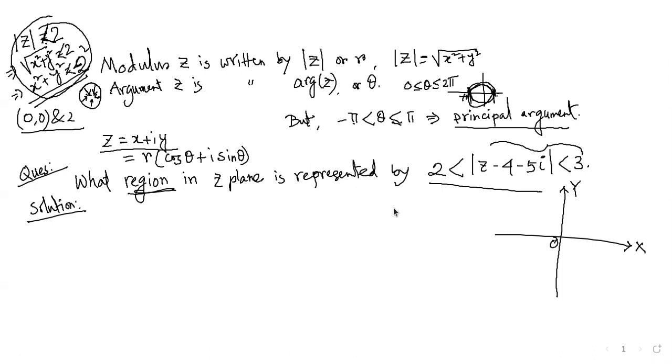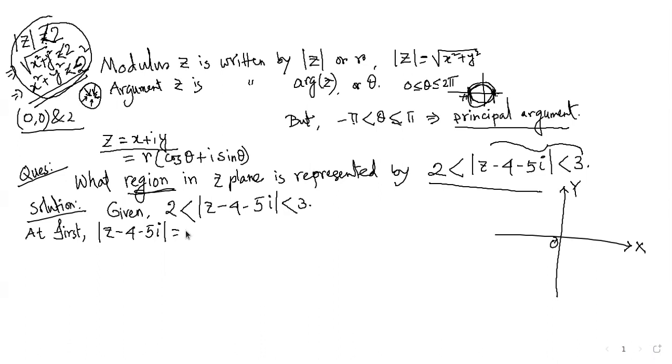In this case we can write the given equation 2 less than |z minus 4 minus 5i| less than 3. At first we can write |z minus 4 minus 5i| equal to 3.